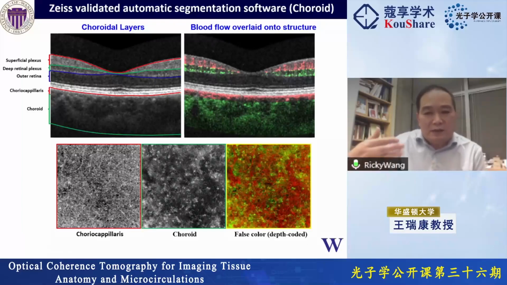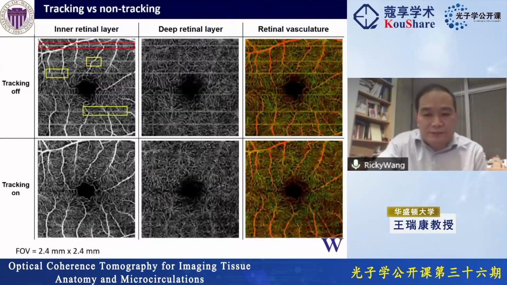So basically, to enable you to see something, right? If the blood flow in this layer is malfunctioning, you will lose your vision. So therefore, this is very important.